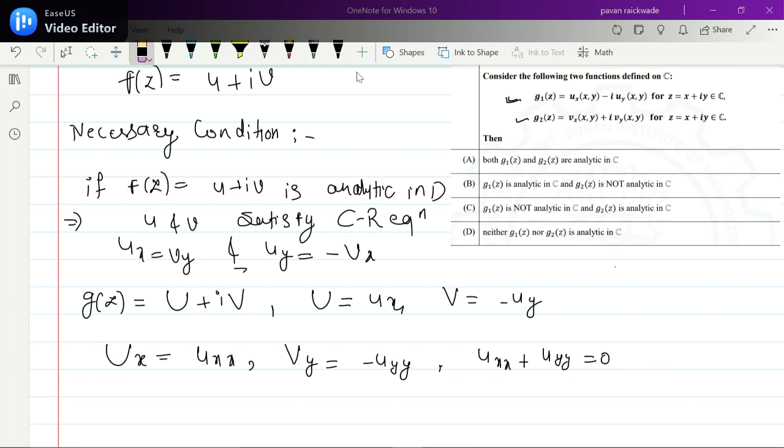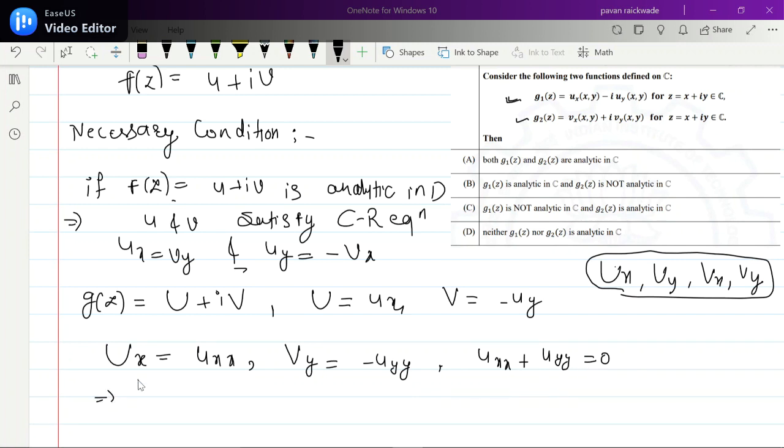So sufficient conditions are satisfied. This condition is satisfied that partial derivatives ux, uy, vx, vy exist and are continuous. And because uxx plus uyy is 0, it means uxx equals minus uyy, which implies capital Ux equals Vy. Correct? This is satisfied.